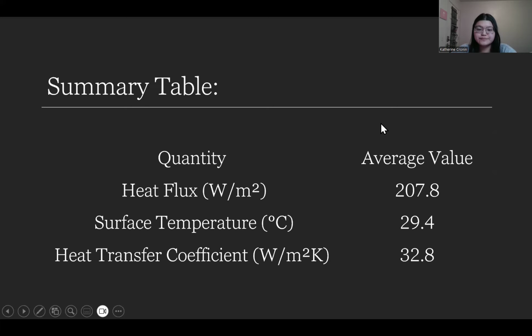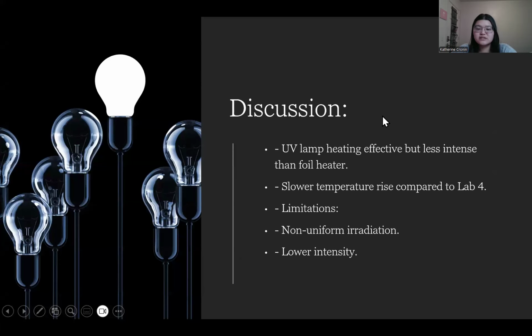In the discussion, I thought about how the UV lamp heating was effective, but it was less intensive than the actual foil heater, which I was surprised about. Compared to Lab 4, it had a slower temperature rise, again to my surprise.